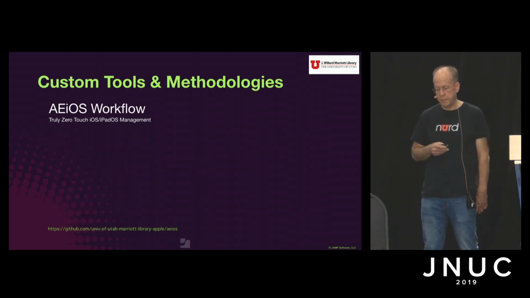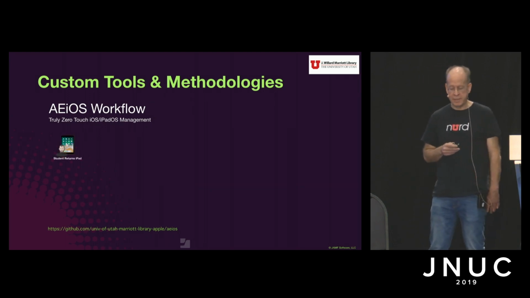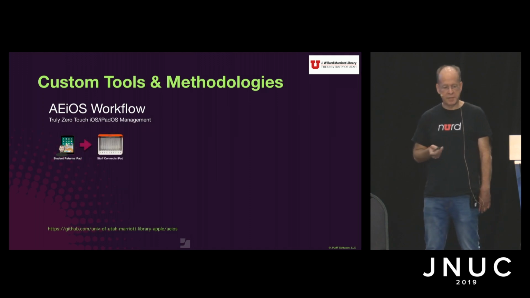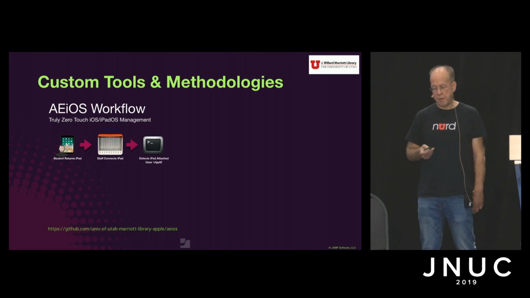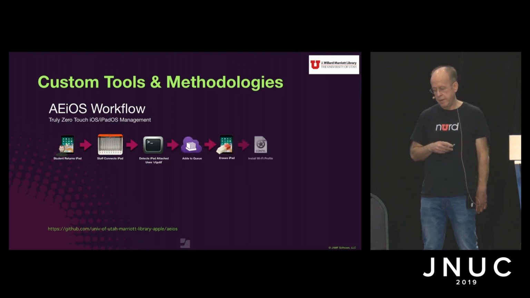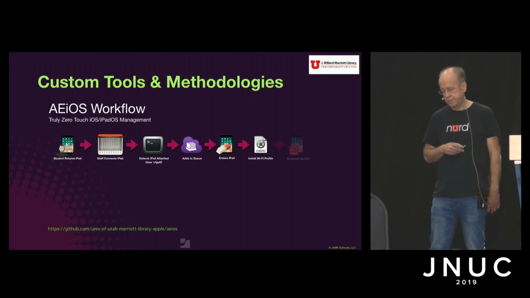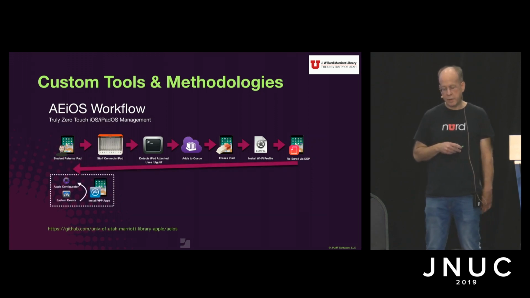Here's an example of the workflow. A student brings back the iPad they checked out. Our staff just quickly checks it for damages and plugs it into the imaging station. Our software detects that an iPad has been attached using cfgutil. It adds it to a queue. It erases the iPad. It installs an MDM profile. It re-enrolls via DEP. Then we use System Events to automate Apple Configurator to install the apps.